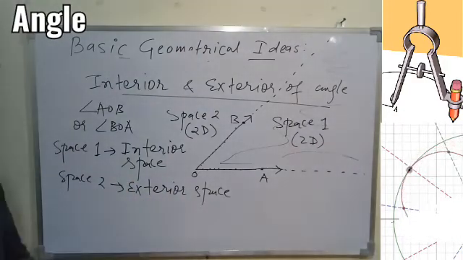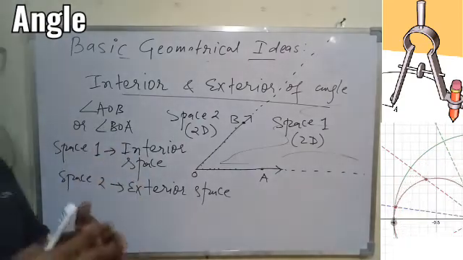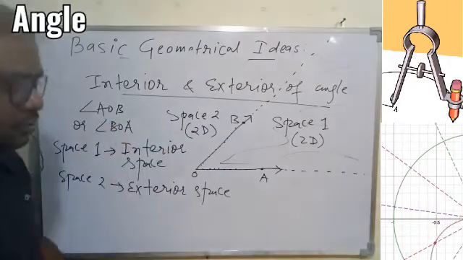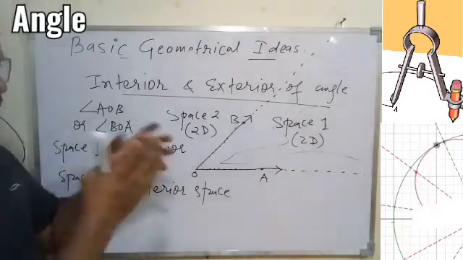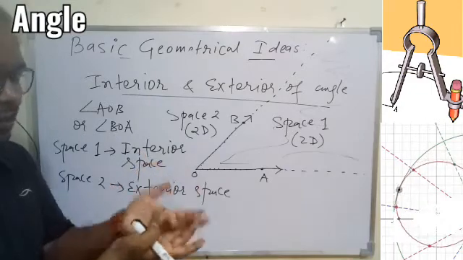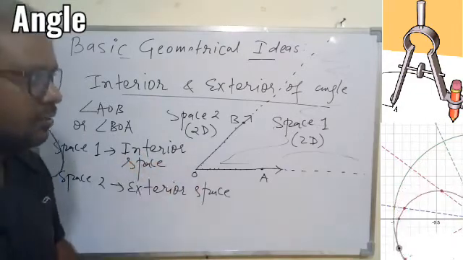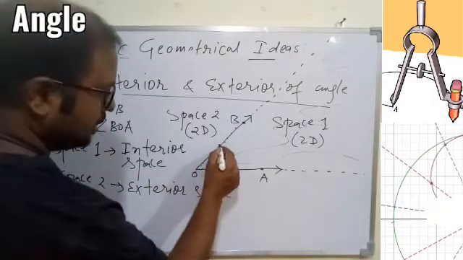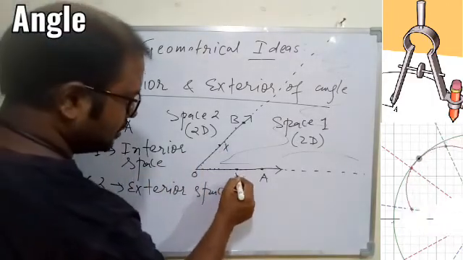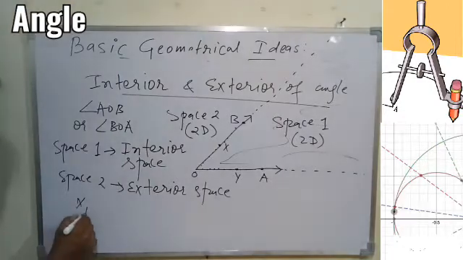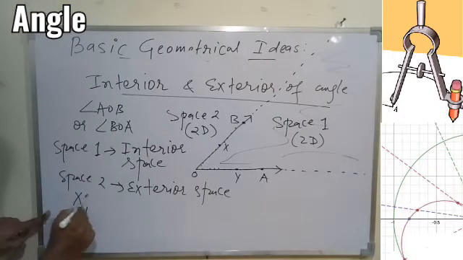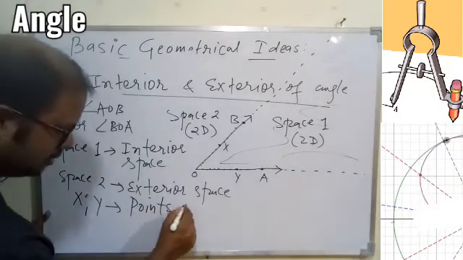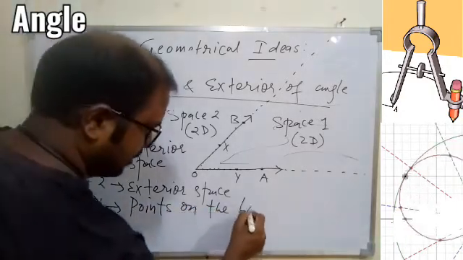So like we did in the previous class, for a closed curve we have the boundary, the interior and the exterior. Same thing we have for the angle also, but here the angle is not a closed curve, so that is to be taken care of. So I hope you understood this much. So let there be a point X here, point Y here. So X, Y are two different points on the boundary.